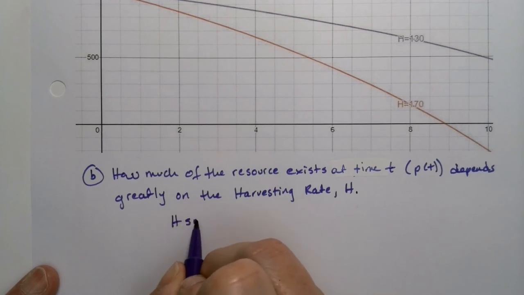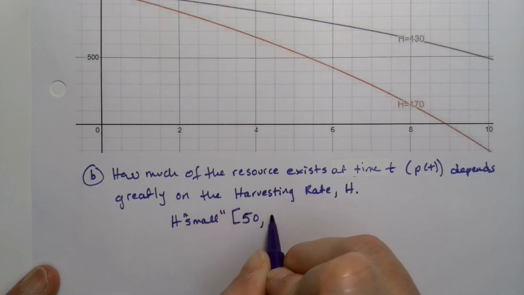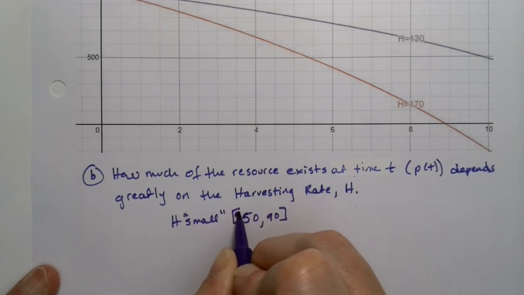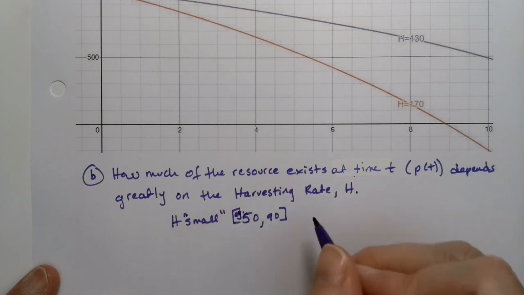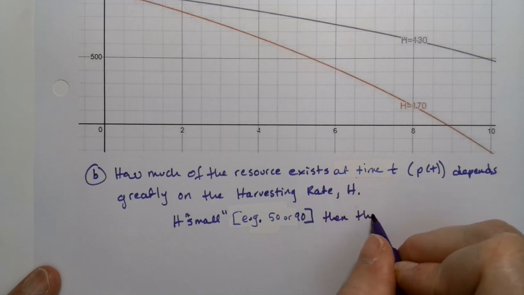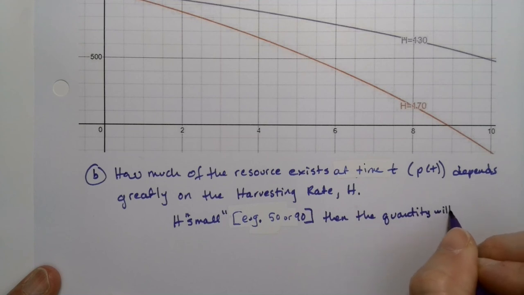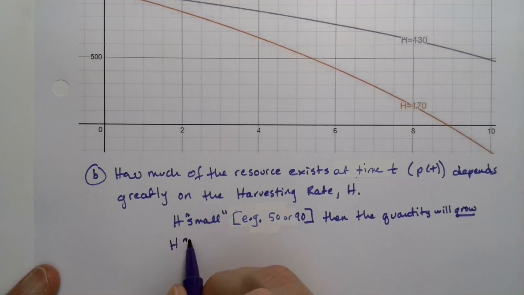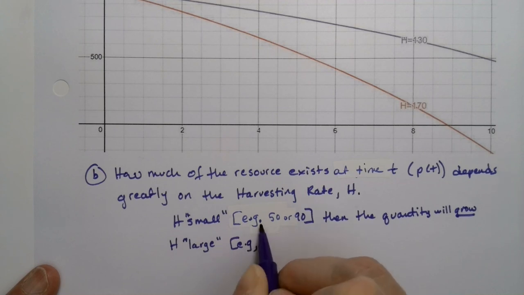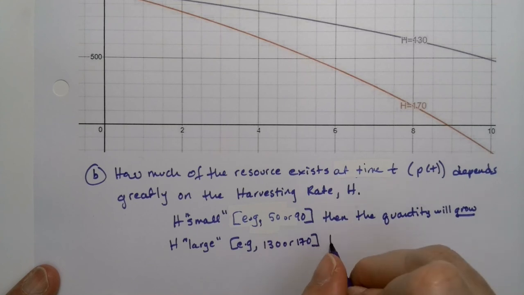If h is small, so say in our example like 50 or 90, then the quantity will grow over time. If h is large, in our case 130 or 170, then the quantity will shrink.